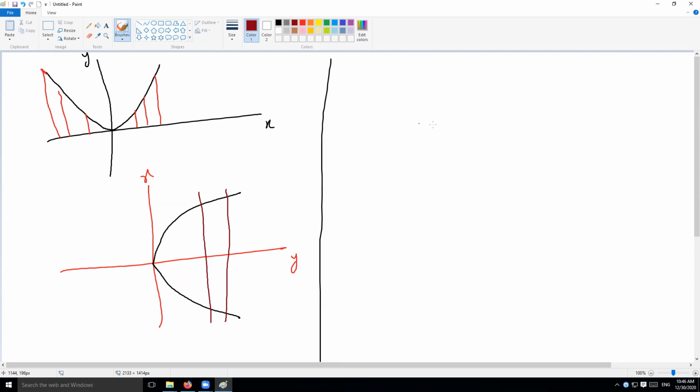So you can do several things. For example, what if I take only this part of y equal to x square? So like this is my x-axis and this is my y-axis. So I'm not taking this part. I'm just taking this part of y equal to x square. So what would be the inverse of it?